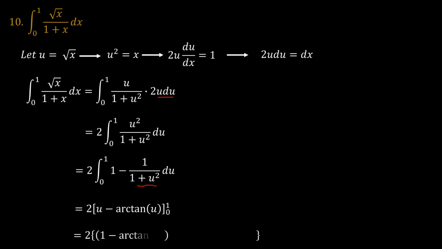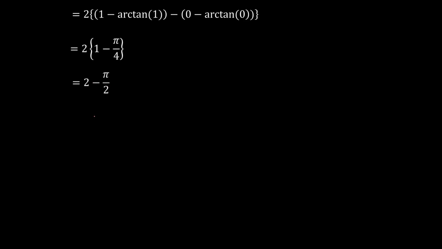And so substituting in the limits 1 and 0 respectively, we have now 2 times 1 minus arctangent of 1, minus 0 minus arctangent of 0. This entire lower bound goes to 0, but here we have 1, and here we have arctangent of 1 going to pi over 4. So applying the 2 to 1 minus pi over 4 becomes 2 minus pi over 2, and this is our answer.